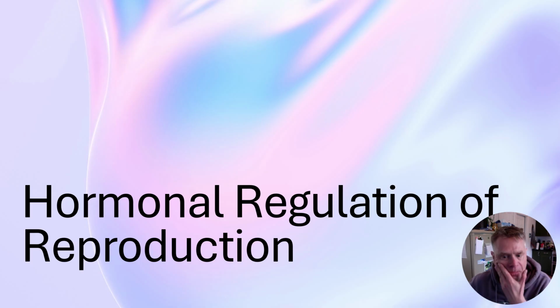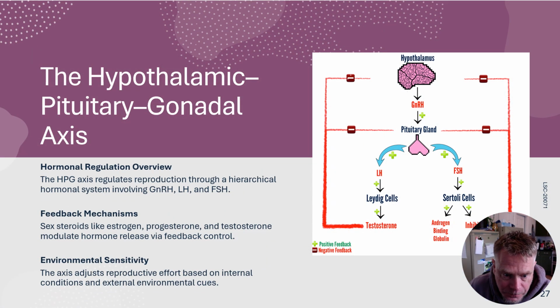Which now brings us back to reproduction. If the animal isn't in a dangerous situation, then for long-term fitness it needs to produce the next generation. So we have hormones involved in reproductive systems too.